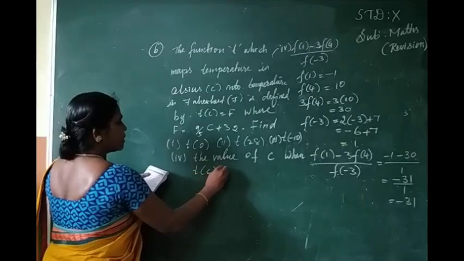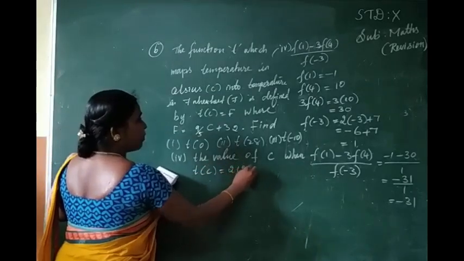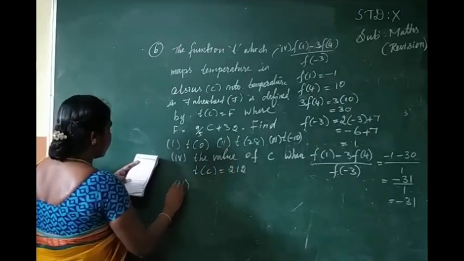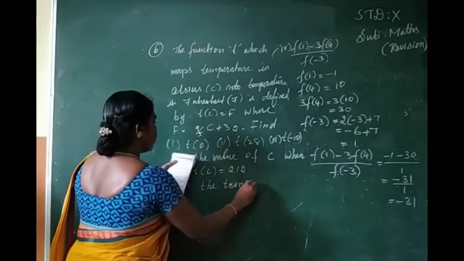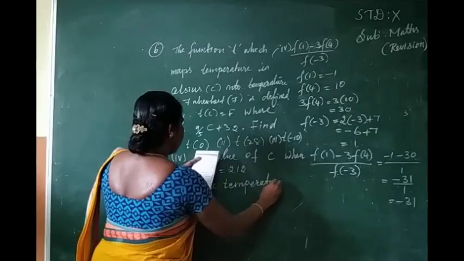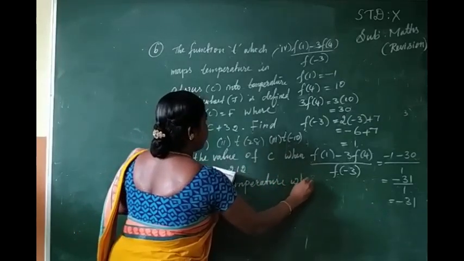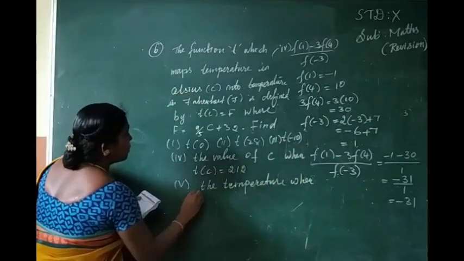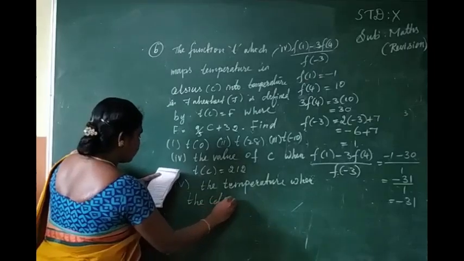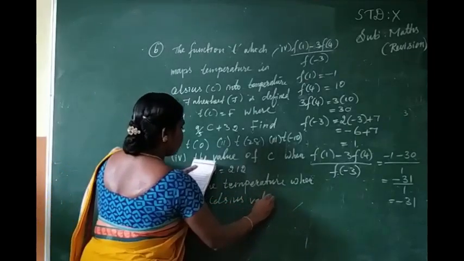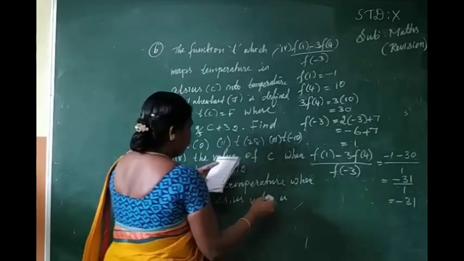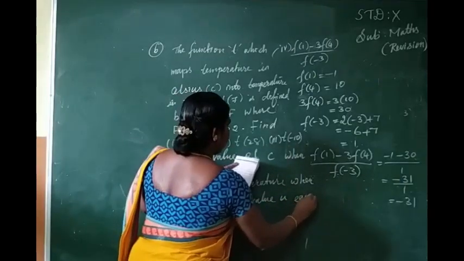Then the fifth subdivision is the temperature when the Celsius value is equal to the Fahrenheit value.